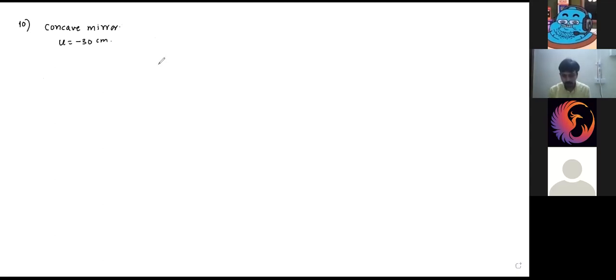Real image of size 3 times, मतलब I is minus 3 times O. Why minus? Negative sign for real image. Real image हमेशा inverted होता है, right? इसके लिए negative.